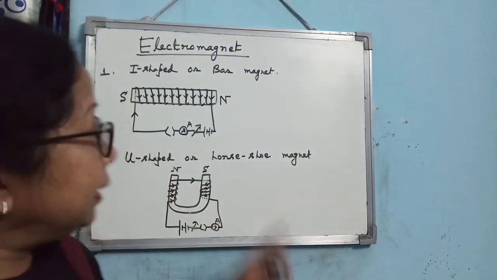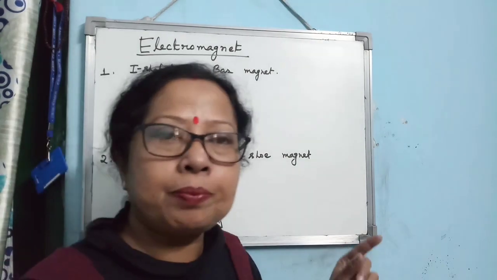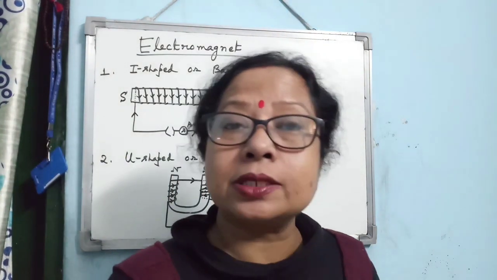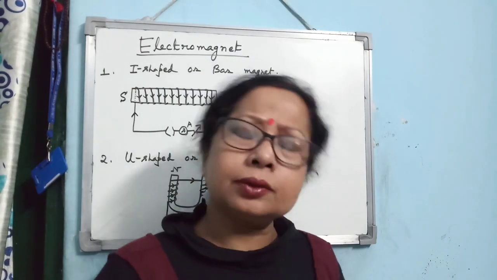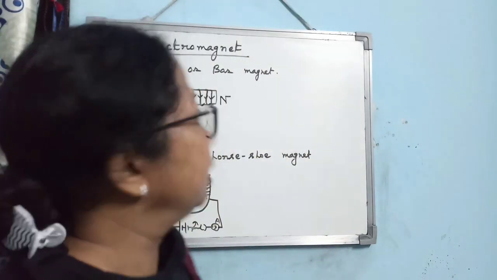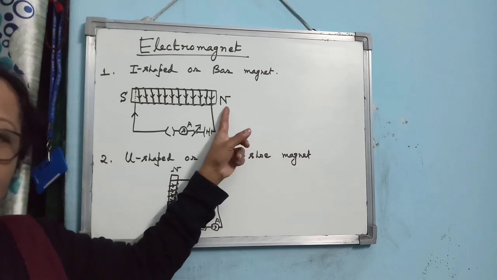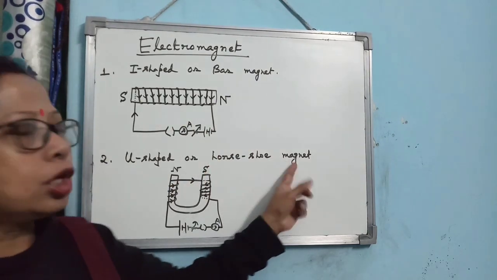And these are frequently asked questions. Even in the sample test paper that we have got from the council for your second semester examination, you will see several such questions. So please practice it. Here south pole will be produced, here north pole will be produced. Clear?